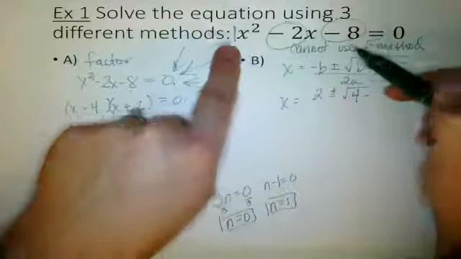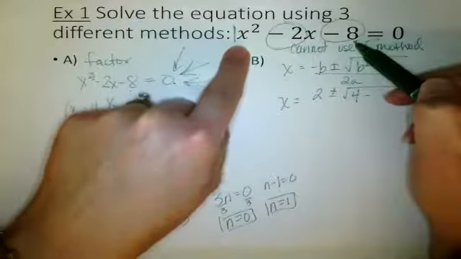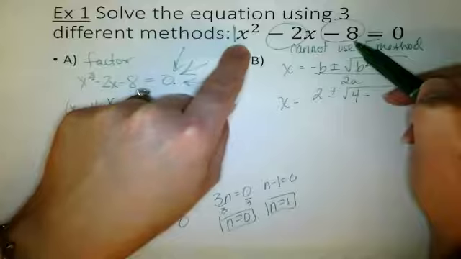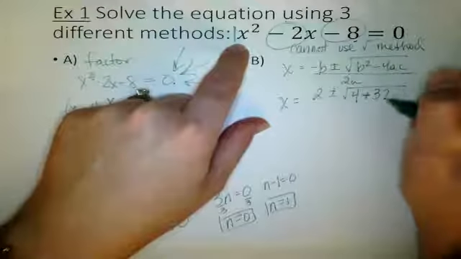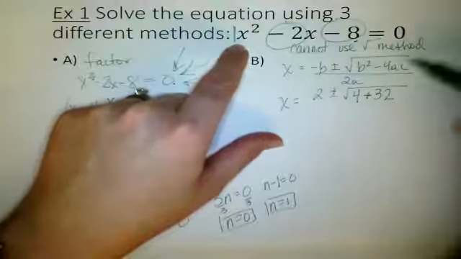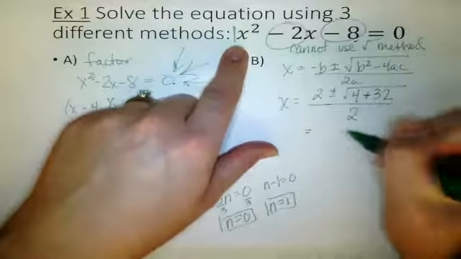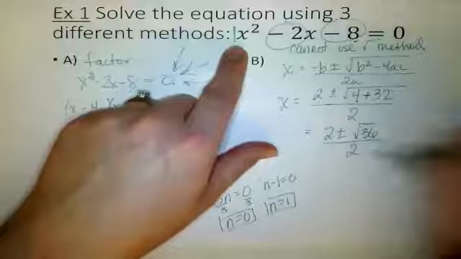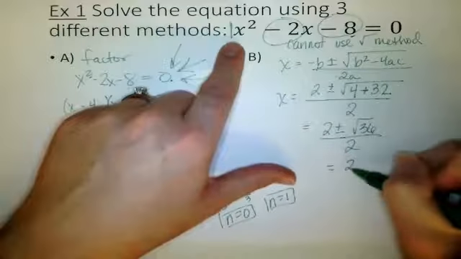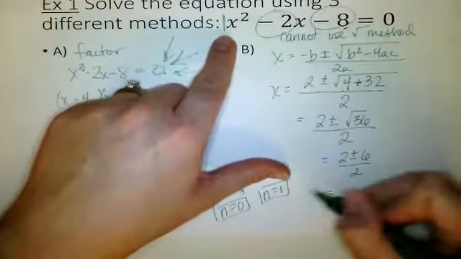Minus 4 times a times c. 1 times -8 is -8. Times the 4 turns to positive 32 there. All over 2 times 1. So we get 2 plus or minus the square root of 36 all over 2. What is the square root of 36? 6 over 2. This is 2 equations.